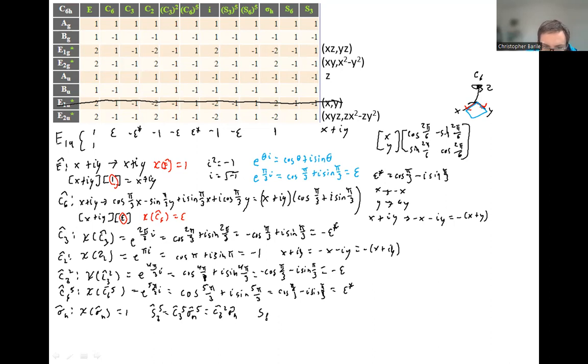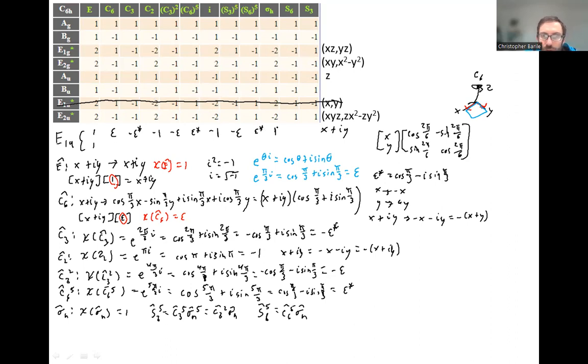And very similar sort of logic for S6 5 times, that equals a C6 5 times, followed by sigma h 5 times, which is just equal to sigma h. Sigma h doesn't do anything. So we're going to be the same character as C6 5 times, which is the complex conjugate of epsilon.